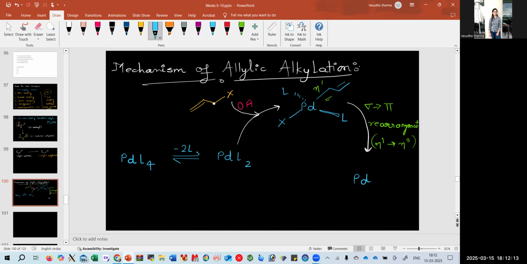When it involves eta 3, the leaving group goes out and you have the allylic bond over here, giving an overall positive charge to the complex, and X, the leaving group, goes out and forms an anion. Now, when the complex has a positive charge, there is a possibility of the nucleophile coming and attacking. So what would happen now? Your nucleophile will come and enter. When it enters, what really will happen?